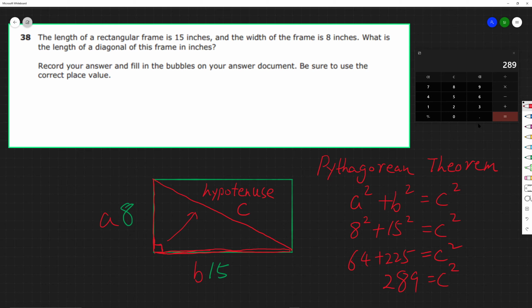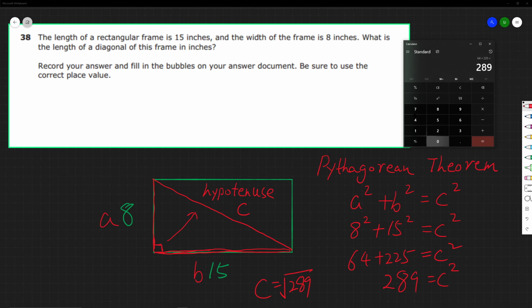We know c squared is 289, and we want to know just the c. Then c should be the square root of 289. Let's do the square root of 289.